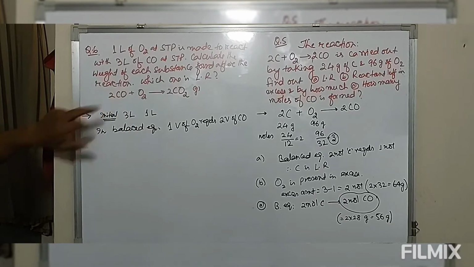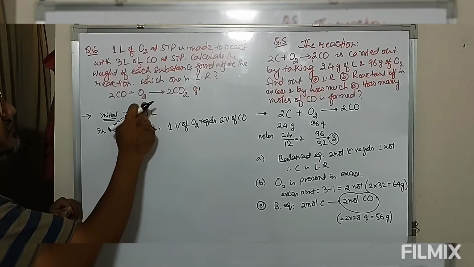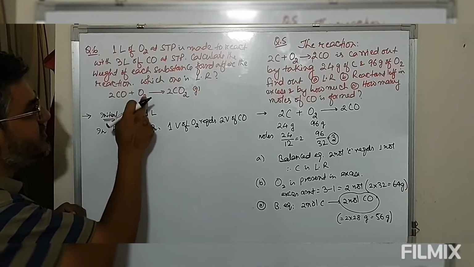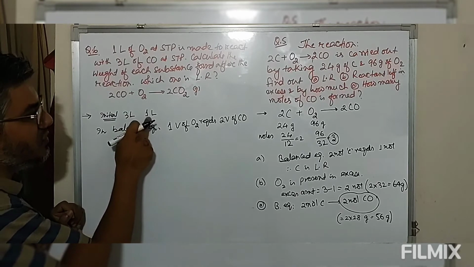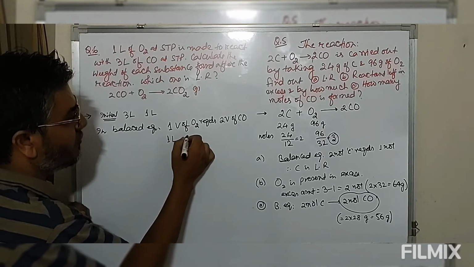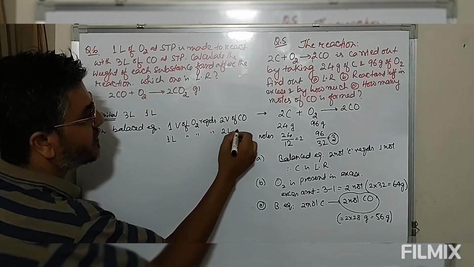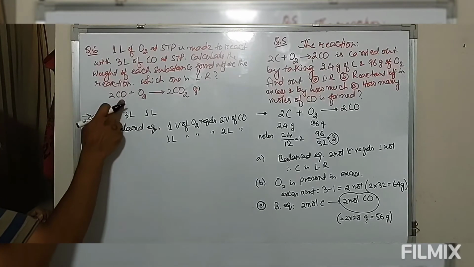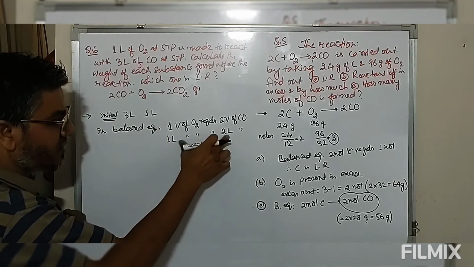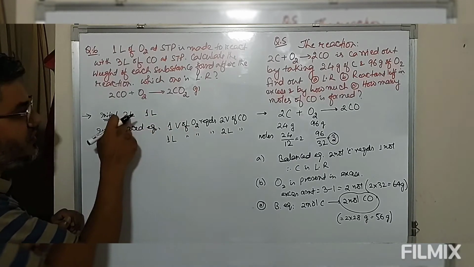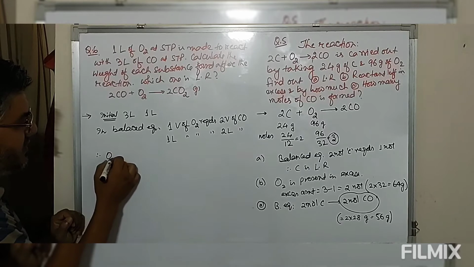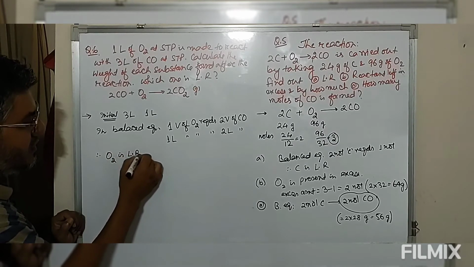The actual amount of oxygen given is 1 liter and carbon monoxide given is 3, but the balanced chemical equation says 1 liter of oxygen requires 2 liters of carbon monoxide. The quantity of carbon monoxide given is 3 liters, so carbon monoxide is present in excess.